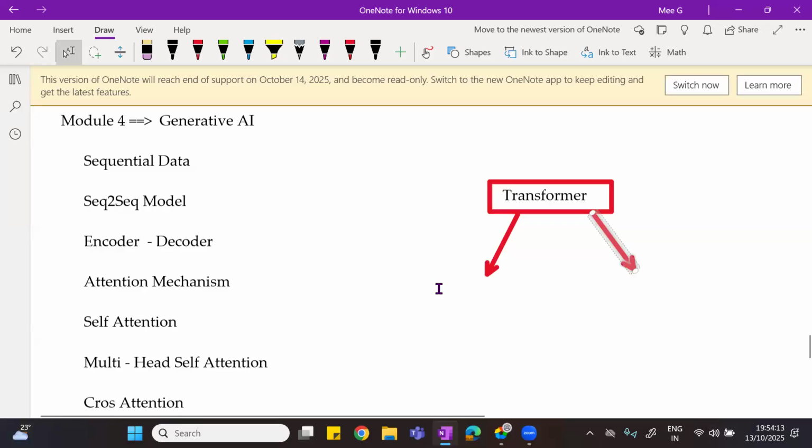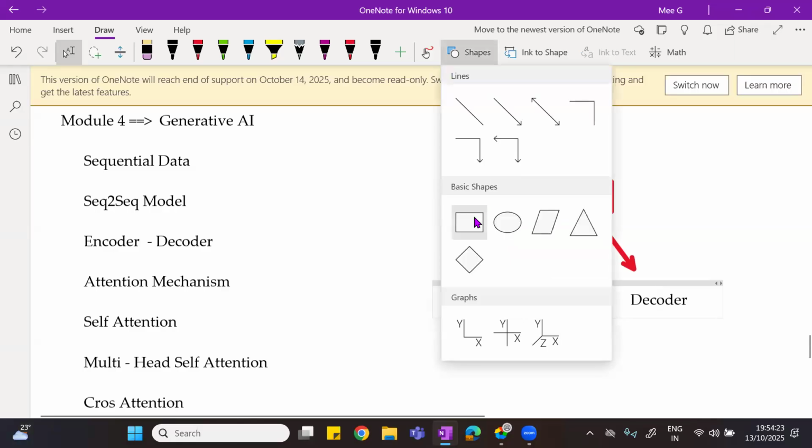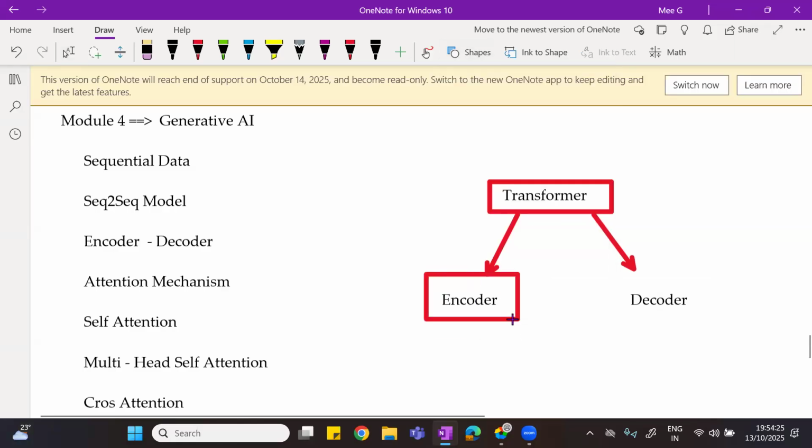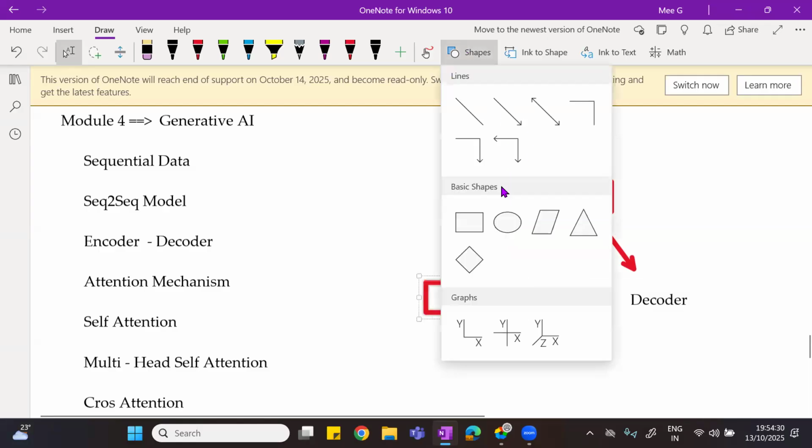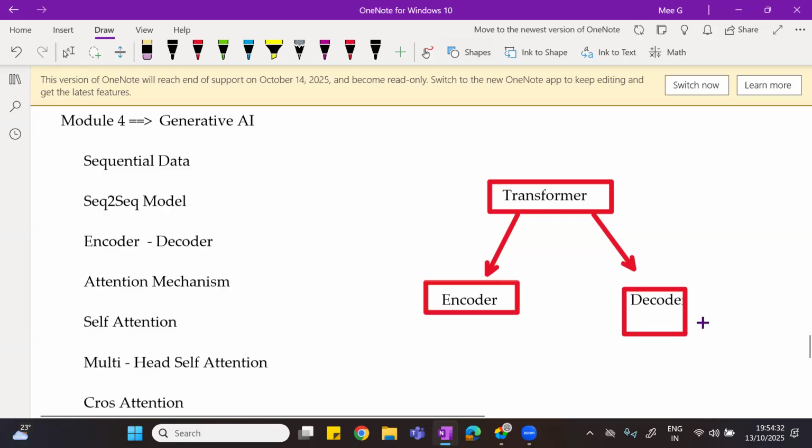What is an encoder, what is a decoder? That we will see later. Now, the encoder, in a very broad view, will take the input, and the decoder will generate the output. In simple terminology, the decoder will generate the output, the encoder will accept the input. Now, using only the encoders, they developed a model.